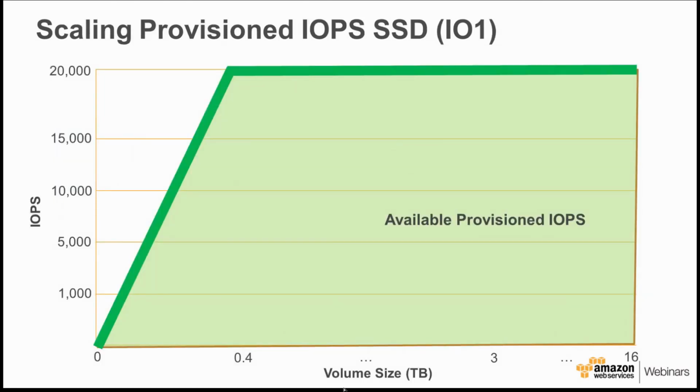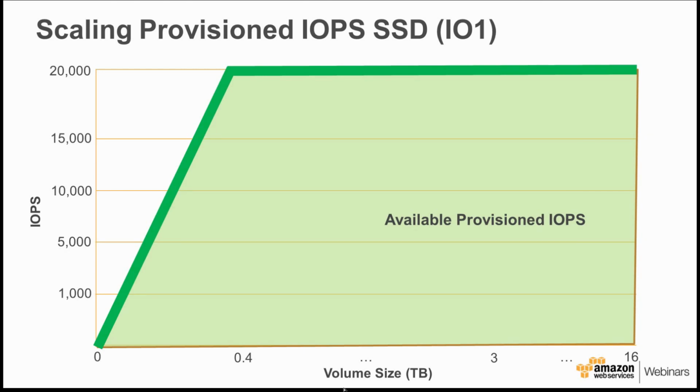On this next slide, we visualize the performance that you can provision with IO1. As discussed, you can provision your volume size on the horizontal axis independently of your IOPS performance on the vertical axis. However, there are some requirements for provisioning. You cannot provision a 20,000 IOPS volume with a 1 gigabyte volume.